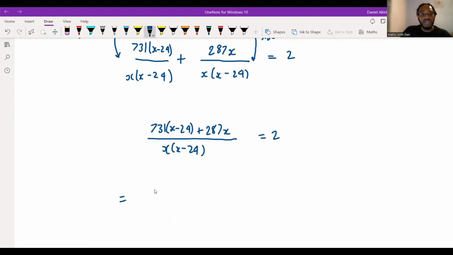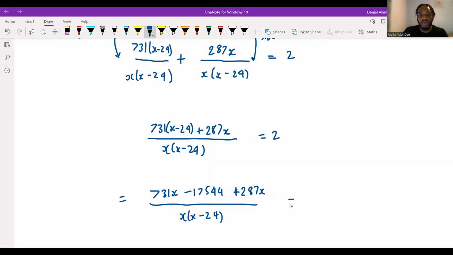I'm going to get 731x, and then I need to do that on the calculator. 731 times 24. Can't do that in my head, but you don't need to because this is a calculator exam. 731 times 24 is 17,544. So I have minus 17,544 for that one, plus 287x over all of that, which is x and then x minus 24, is equal to 2.